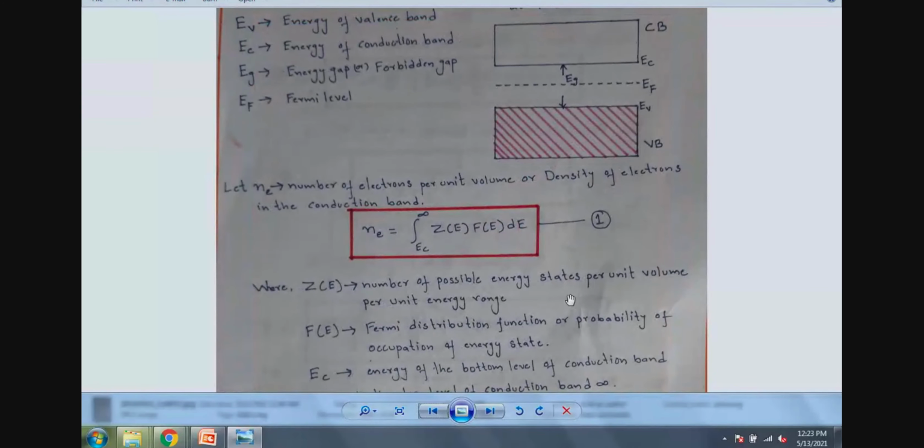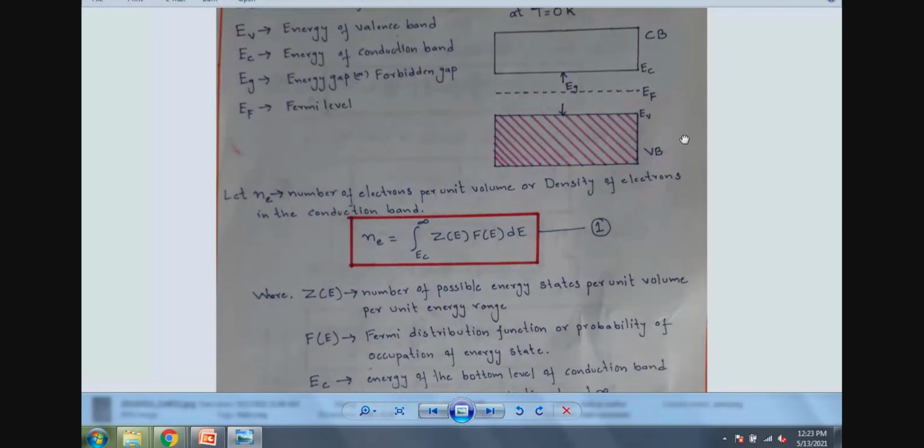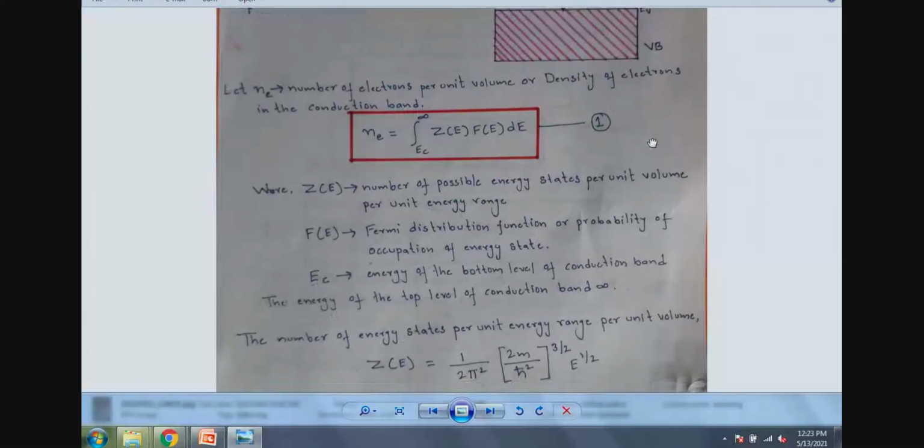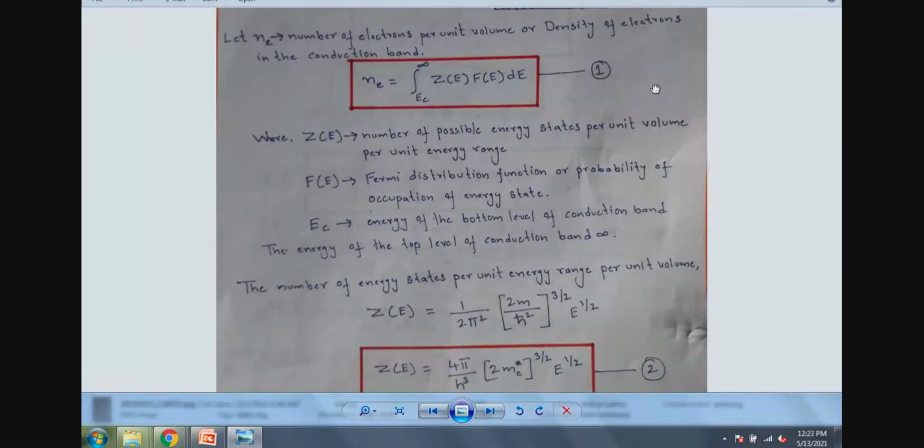Now, all of you copy this equation 1. I'll tell you how you got this one. Where Ne is nothing but the density of electrons in the conduction band.